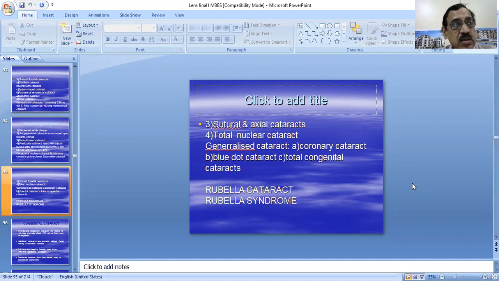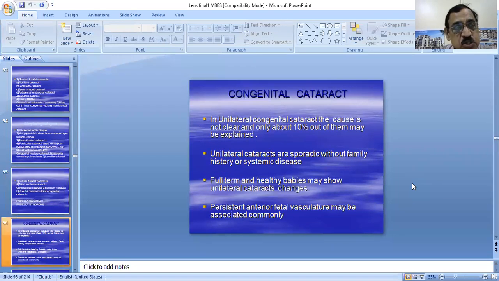The patient may have deafness, so destruction of the organ of Corti is also present, and cardiovascular anomalies such as ventricular septal defect and patent ductus arteriosus can be present in rubella syndrome. Rubella syndrome and rubella cataract can be given as short note questions for you, maybe a 4 marks question or sometimes a 2 marks question.